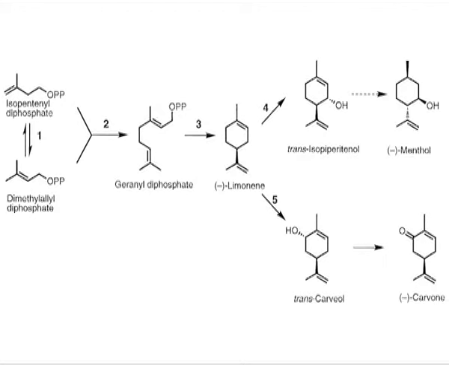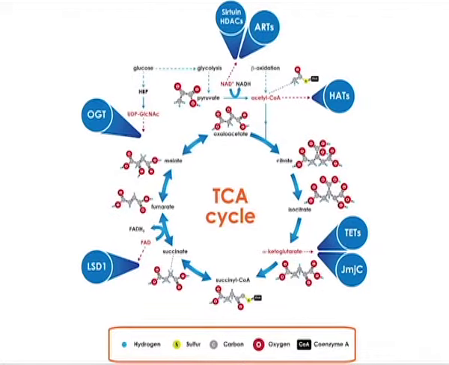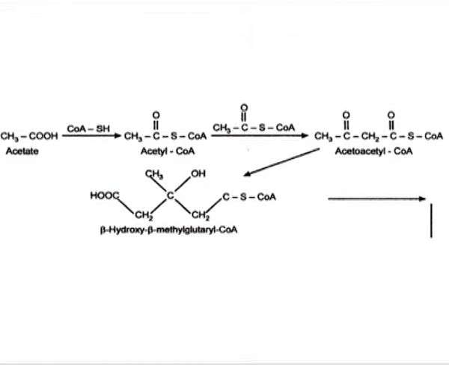Biosynthesis of volatile oil arises from the acetate moiety, which is obtained from the TCA cycle. On glycolysis, sugar molecules yield pyruvates, which enter the TCA cycle and produce the acetate moiety, which gets converted into acetoacetyl coenzyme A by the thiolase enzyme.